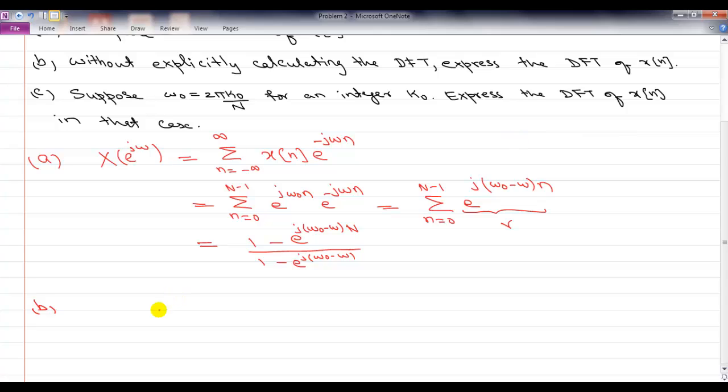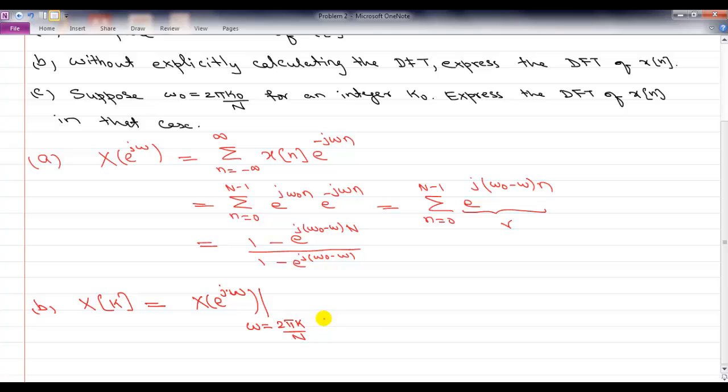How do you do that? Well, for that, we have to remember the relationship between the DFT of a sequence and the DTFT of the sequence. The relationship is that the DFT X[k] is equal to the DTFT sampled at omega equal to 2 pi k over capital N.